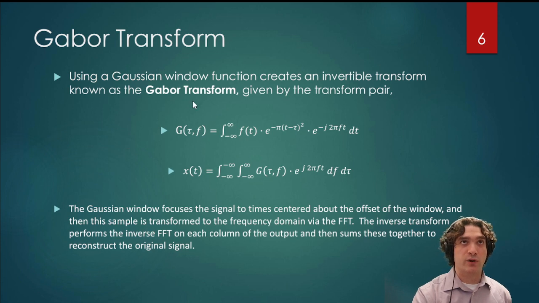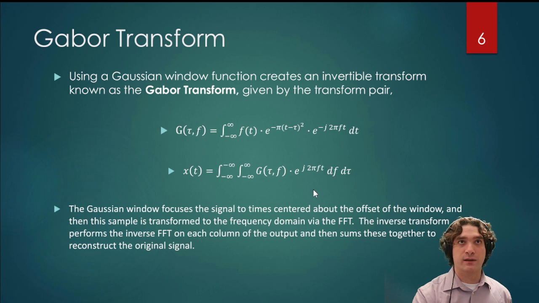So this takes one window centralized at a time tau and sends it to its frequency spectrum. To get the inverse, we take the inverse transform of the frequency spectrum of that window of the function, transform it back to time domain, and then sum up all of the different time domain inverse transforms.